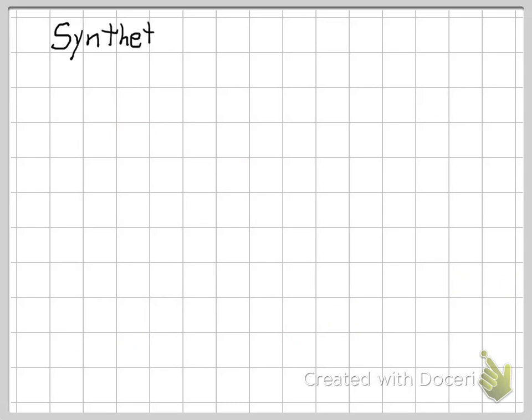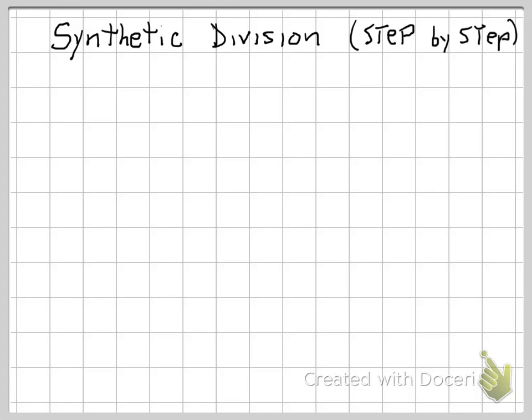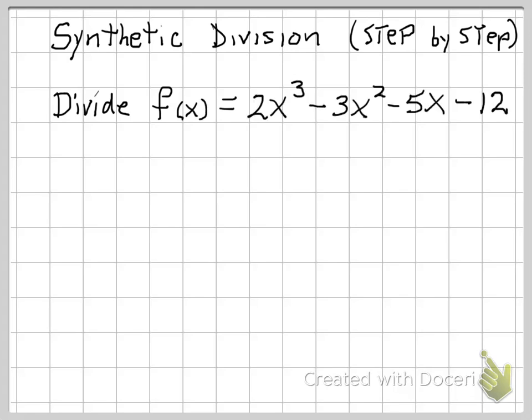So, let's do a step-by-step synthetic division. So here's our problem. We're going to divide 2x cubed minus 3x squared minus 5x minus 12 by the term x minus 3.